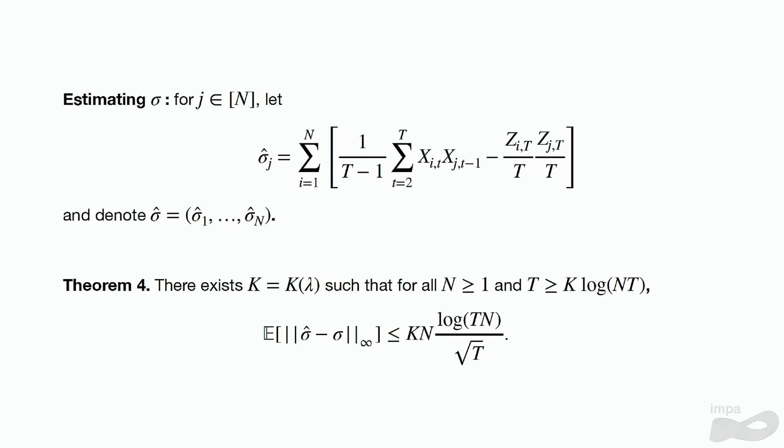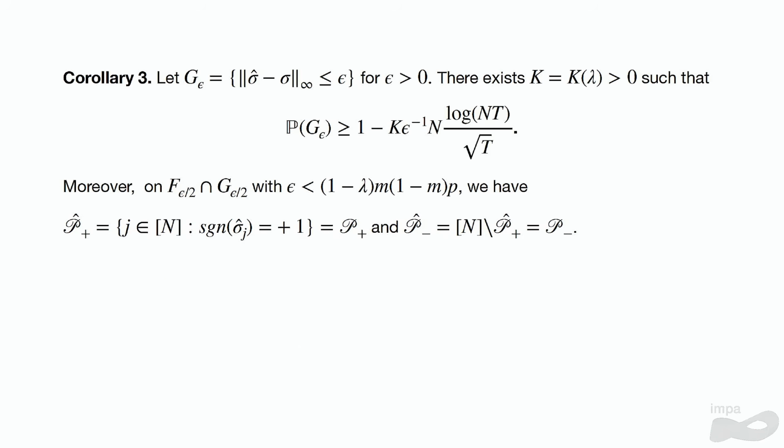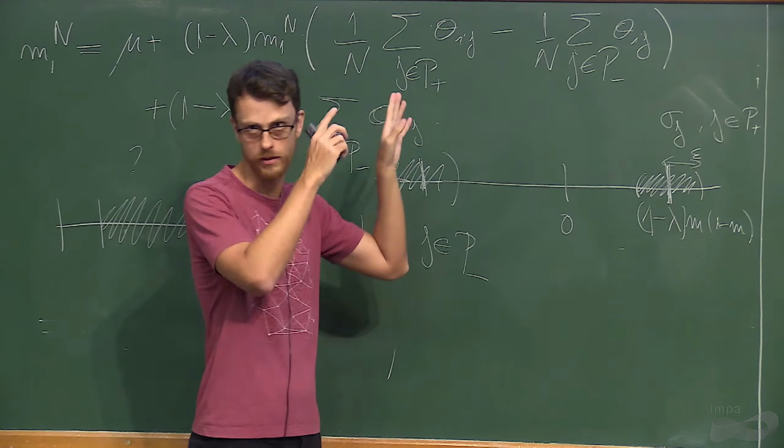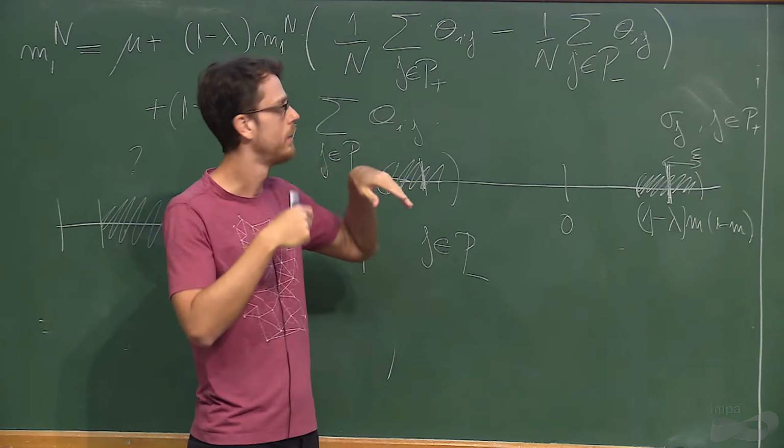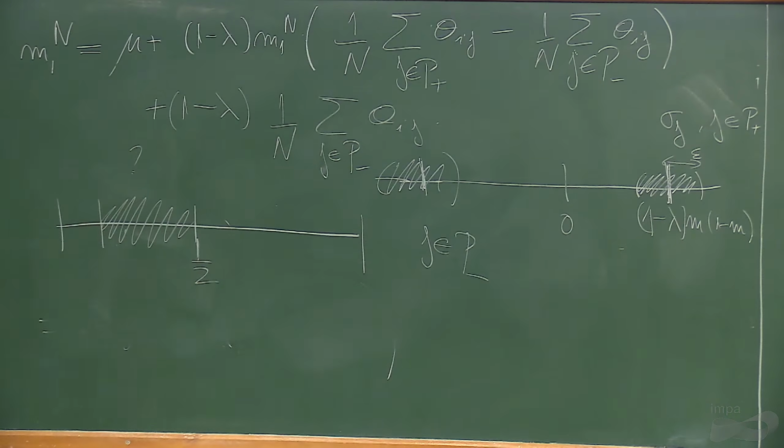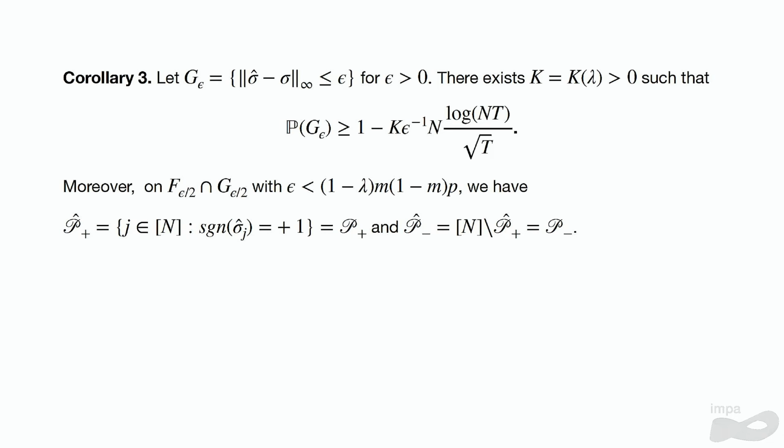If I put everything together, basically, I use the fact that sigma is sufficiently close to the vector of indicators of p plus, p minus, and at the same time, sigma hat is very close to sigma. I put these two things together. In principle, I can recover the set of excitatory vertices just by looking at the sign of sigma hat_j.